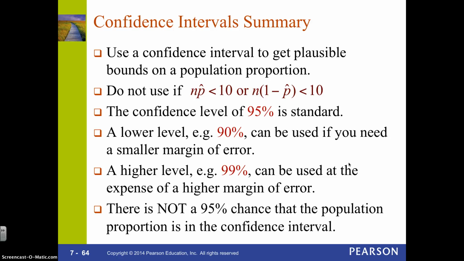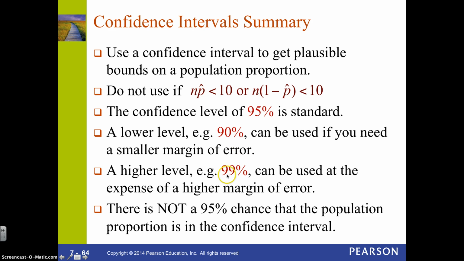Okay, so just a little summary here. We can use confidence intervals to get a possible bound on a population proportion. Again, you have to make sure you have a large enough sample, so you have at least 10 successes and 10 failures. We're normally going to use 95%. If you want a smaller margin of error, you can lower your confidence level.